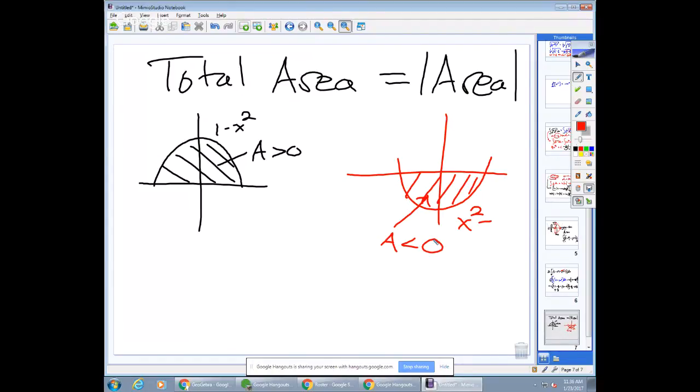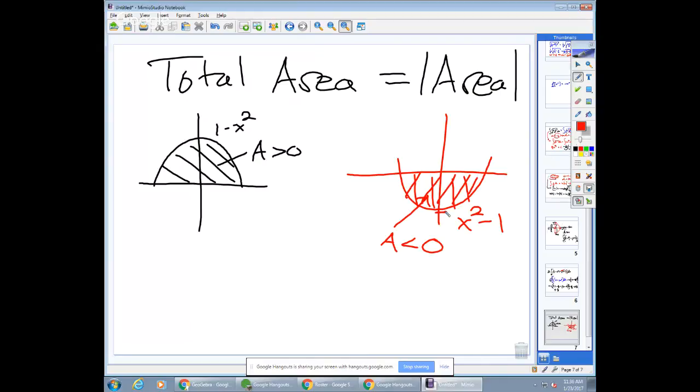So an integral finds area. If we just integrated the function x squared minus 1, all of these heights here are negative y values, right? Like this one right here, y is negative 1 there. We're getting a bunch of negative heights added up. It's going to give us a negative area.